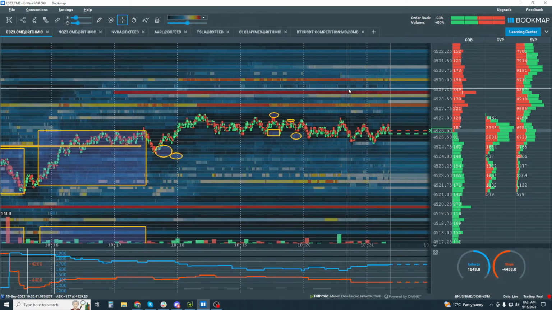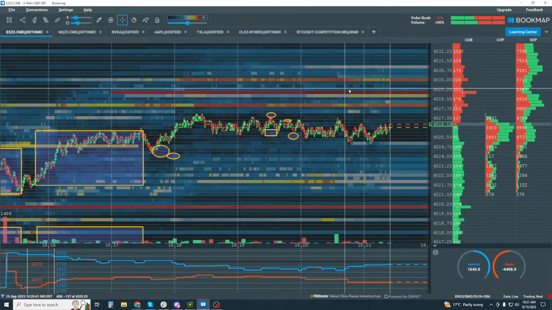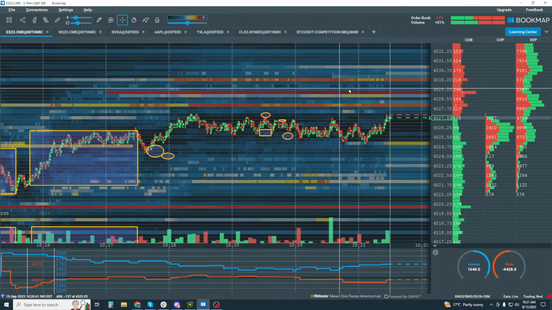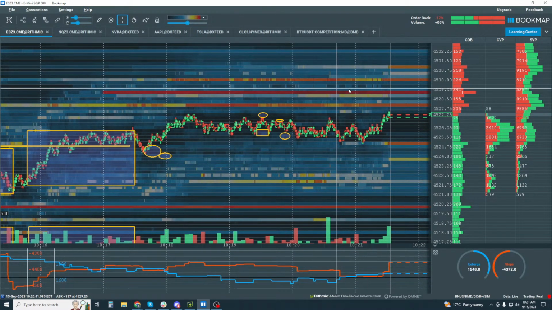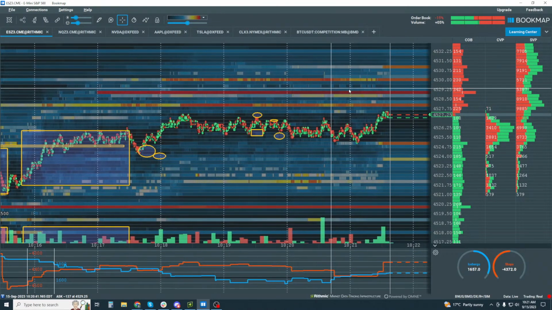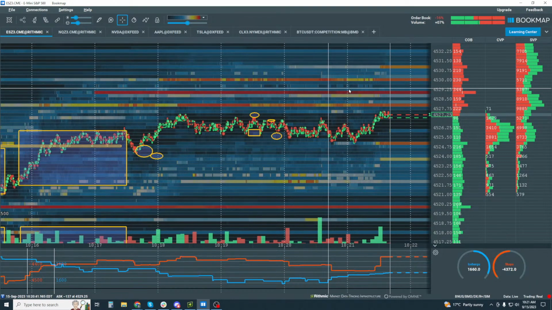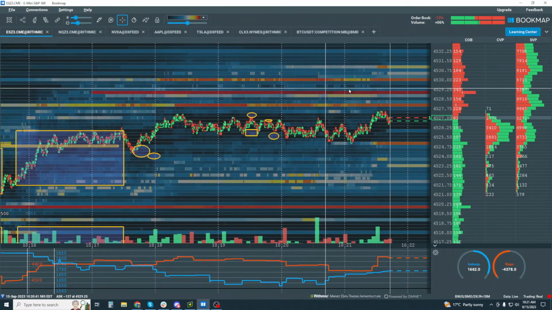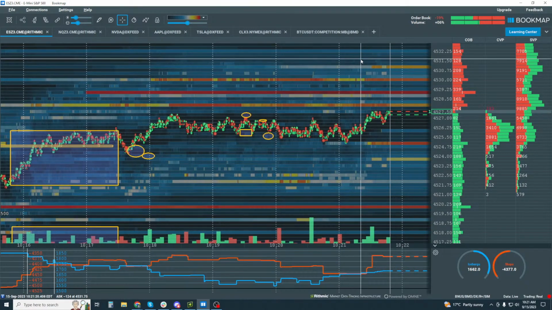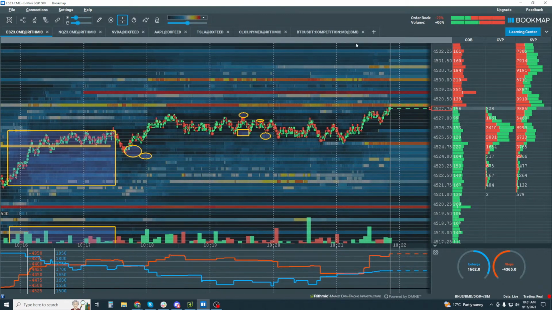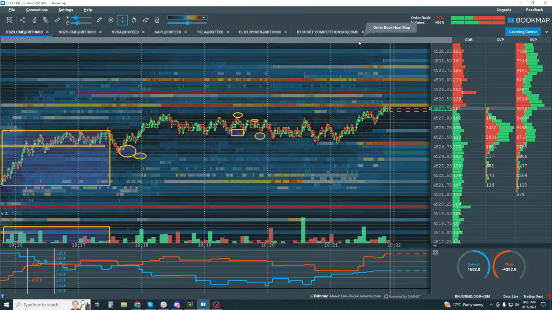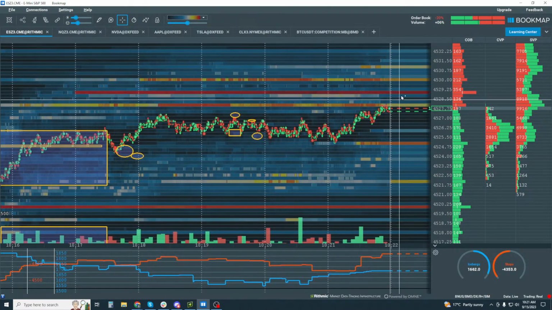Our S&P rotational market here, again and again and again. Okay, hitting 28.